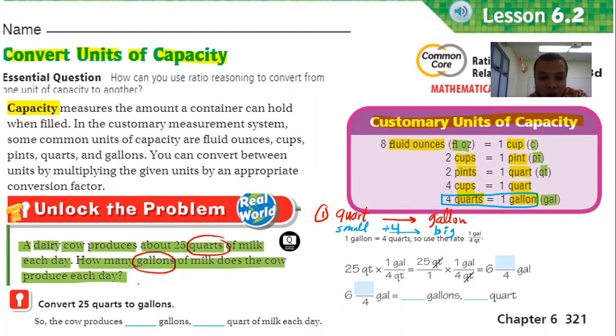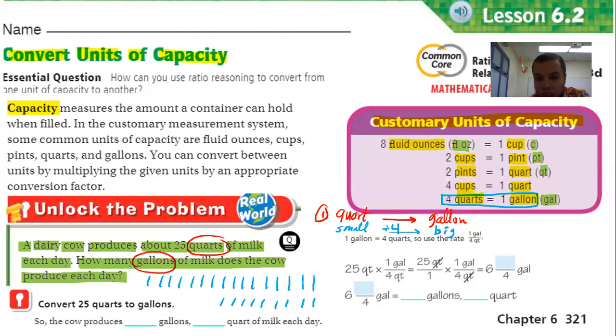If you have 25 quarts, look, 1, 2, 3, 4, 5, 6, 7, 8, 9, 10, 11, 12, 13, 14, 15, 16, 17, 18, 19, 20, 21, 22, 23, 24, 25. 25 only I need, because 25 quarts. Every one from here equals 1 quart.